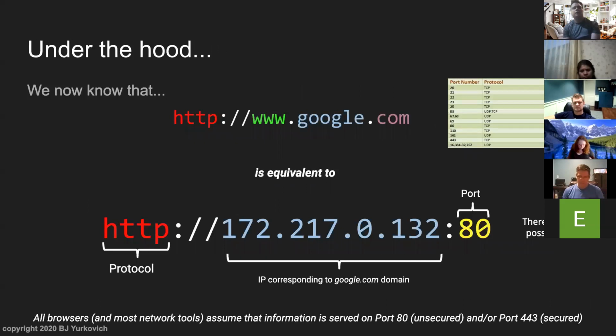Okay, so what's going on under the hood? Well, you've got your protocol, like we talked about, HTTP, and then you've got your IP address. That IP address corresponds maybe to google.com, and then you've got that port, what I just described. And so if you were using an unsecured, unencrypted connection, that is what you would type into your browser, and you could probably get google.com.